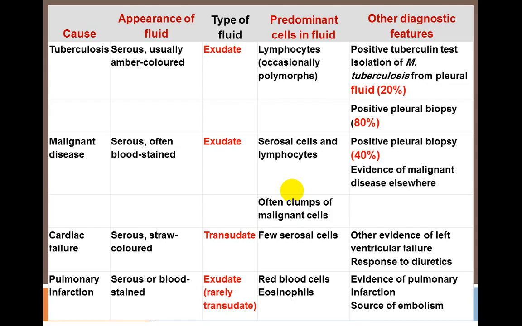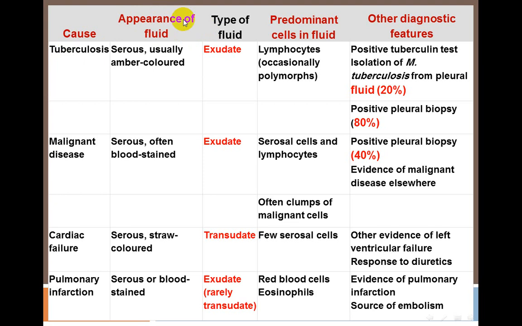This table shows the common causes of pleural effusion and the characteristics of each one, starting with the appearance of the fluid, type of the fluid, predominant cells in the fluid, and other diagnostic features. The most common cause is infection, starting with tuberculosis.